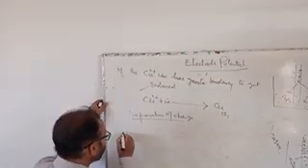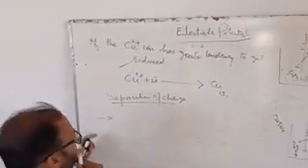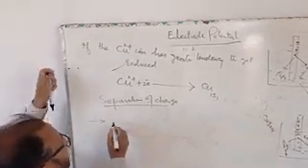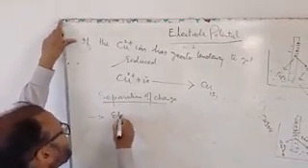Now, why does this separation of charge take place? Because of this, electrode potential is developed.